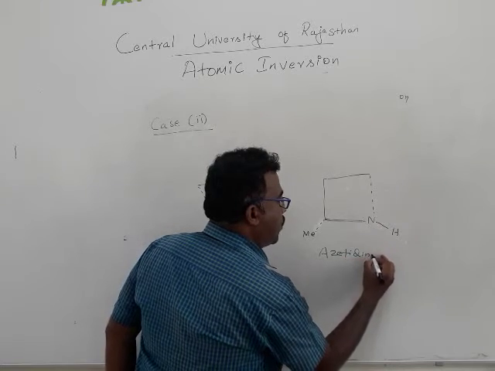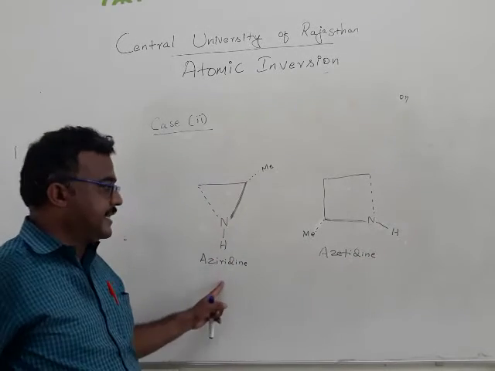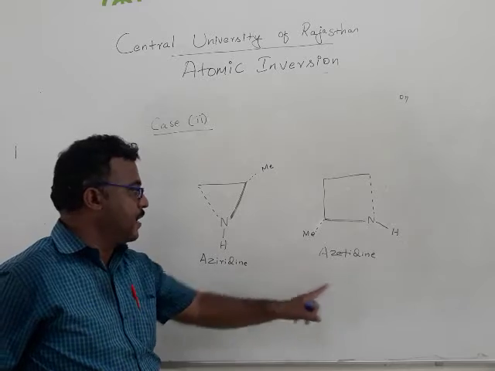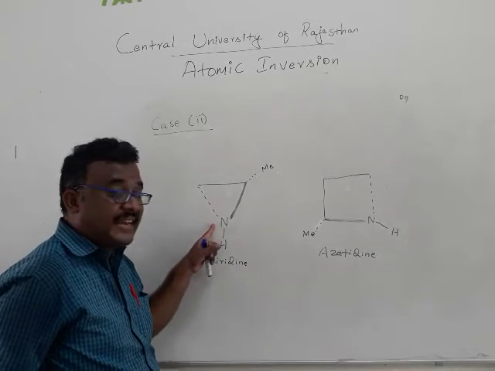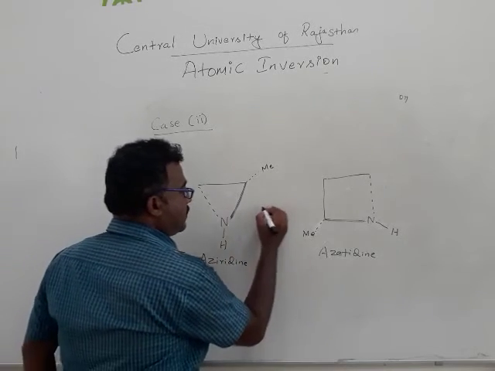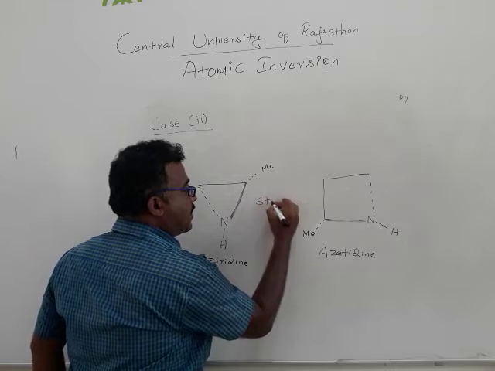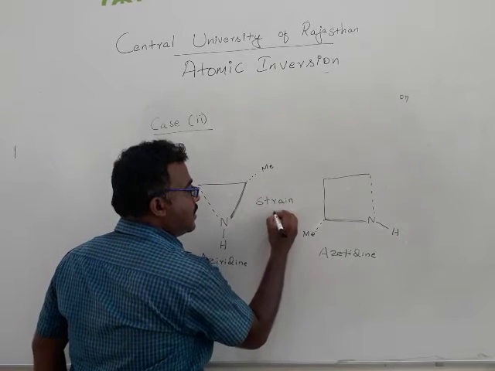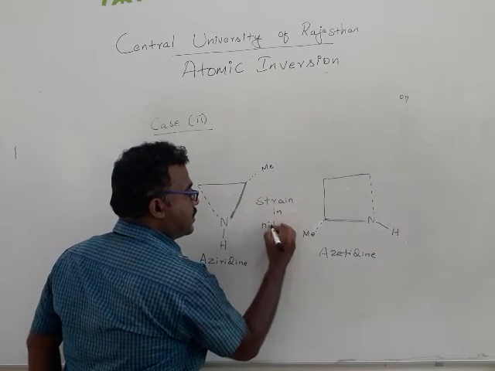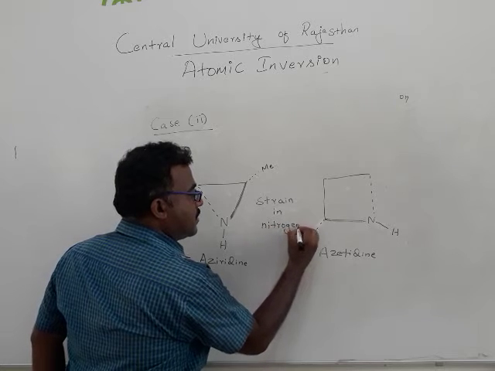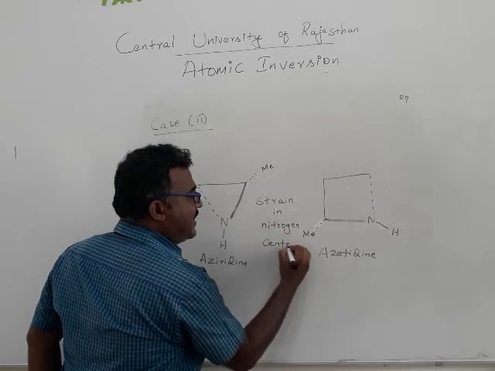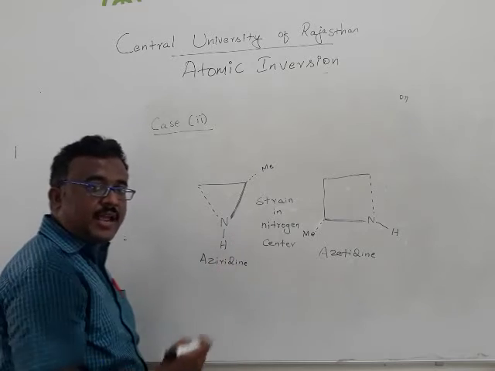So now you have two different types of molecules, aziridine and azetidine. In both the cases, nitrogen has strain in the nitrogen center.